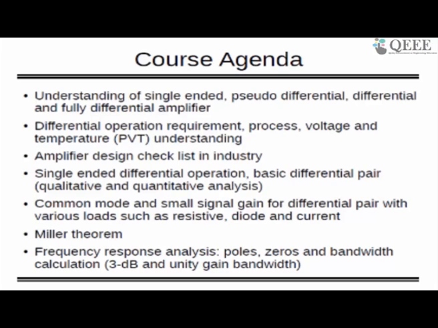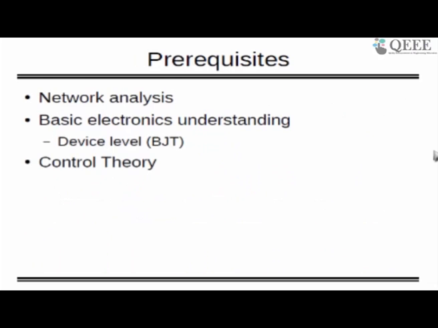Sometimes people call it unity gain bandwidth, where your gain becomes 0 dB. And for 0 dB, the gain is unity, meaning 1 volt per volt, and 0 dB is in dB.